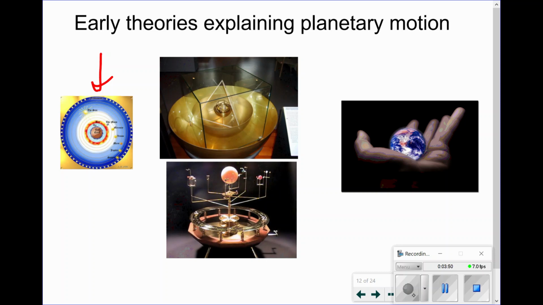That gets replaced with the concept that perhaps there are crystal domes that each planet is attached to. This was actually Kepler's idea, that there were crystal domes that the planets were attached to, and that these domes rotated, and as they rotated, the planet attached to the dome moved in a circle around the sun.